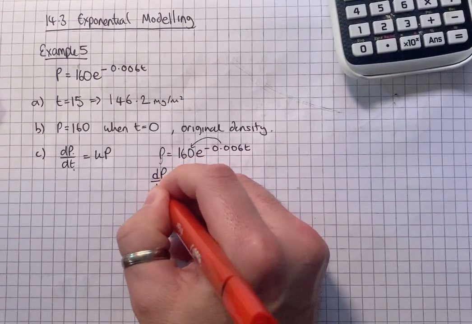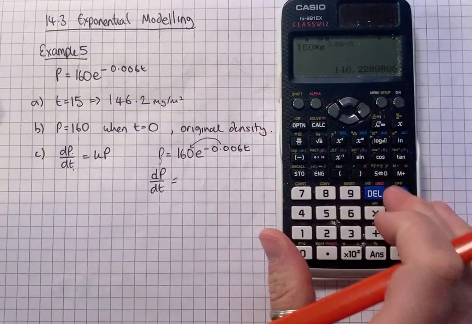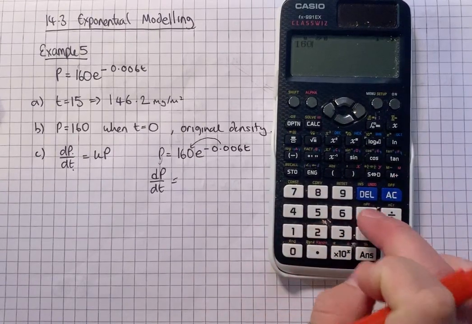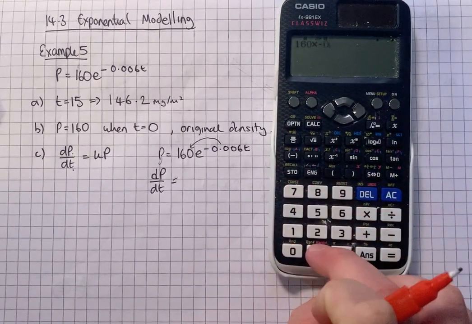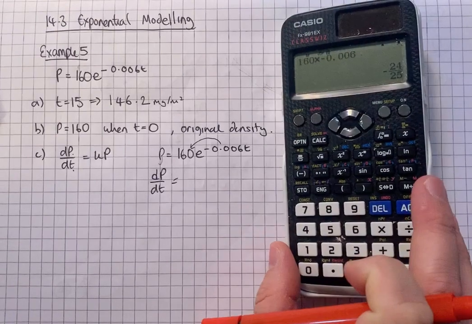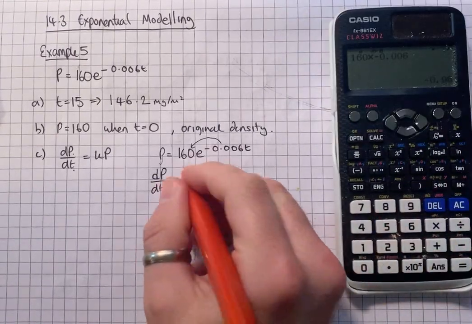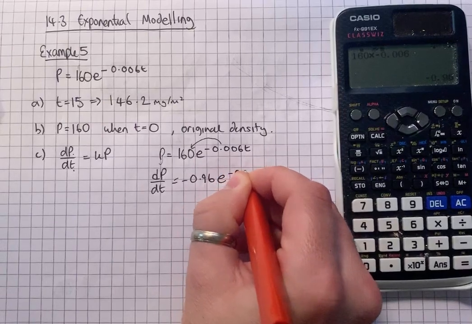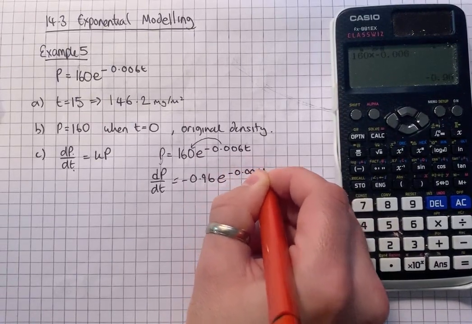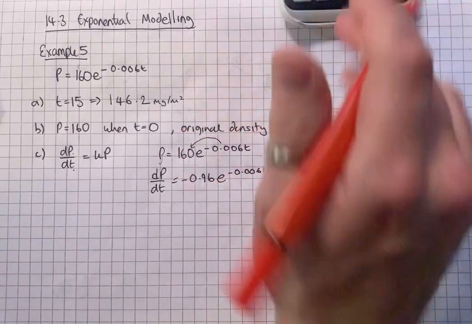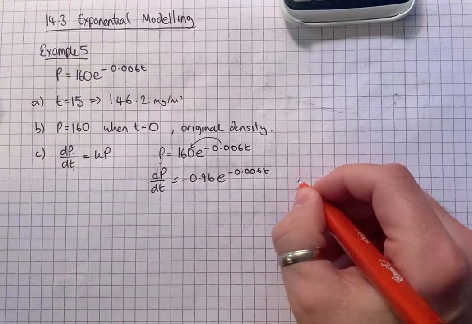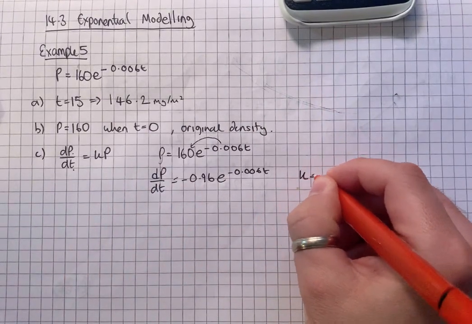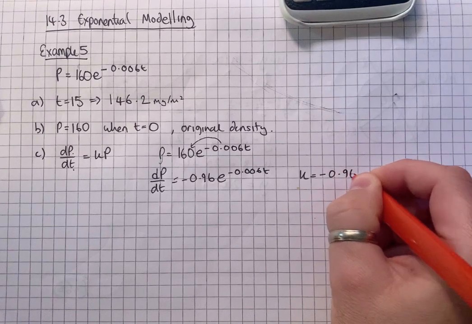So dP/dt is going to be 160 times minus 0.006, minus 0.96 e to the minus 0.006t. So it's of this form where k equals minus 0.96.